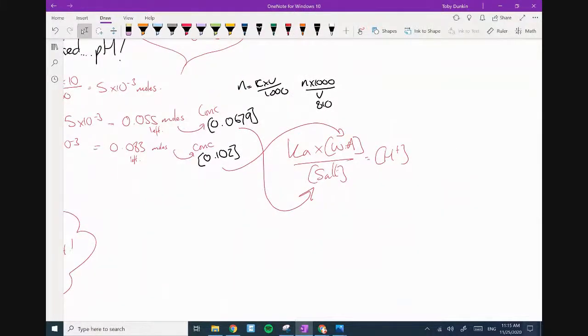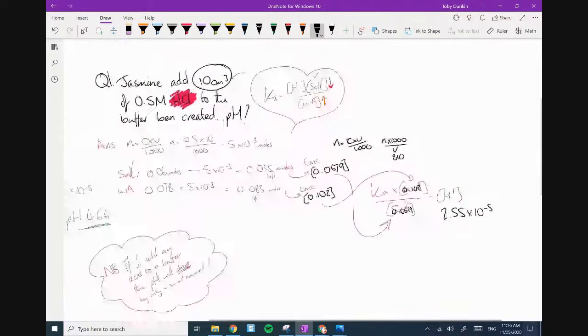So Ka 1.7 exponential minus 5 multiplied by the weak acid 0.102 equals divided by 0.0679 equals. I'm just going to write those in what I've just done. That's not big enough. 0.102 and 0.0679. And my output of that is 2.55 times 10 to the minus 5.